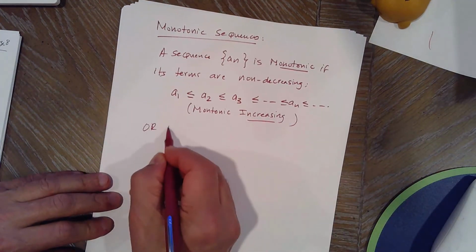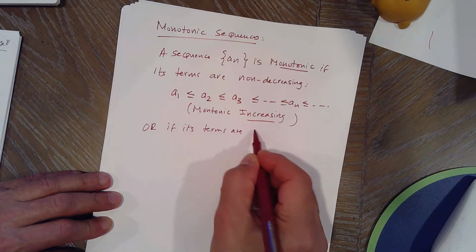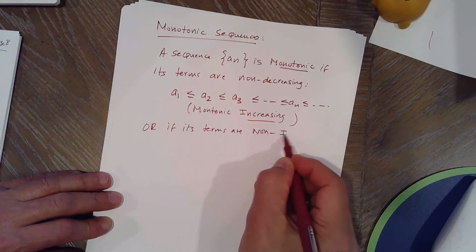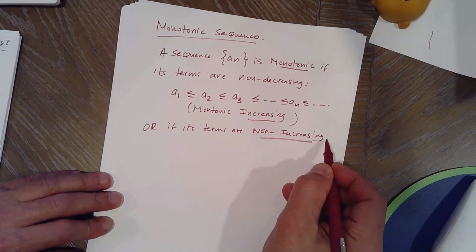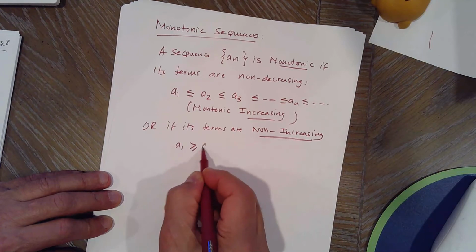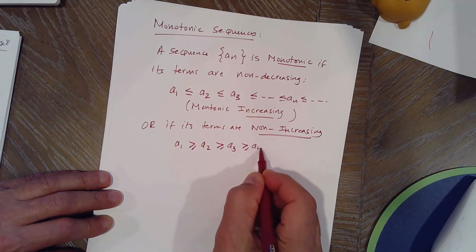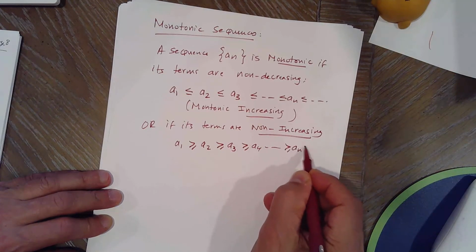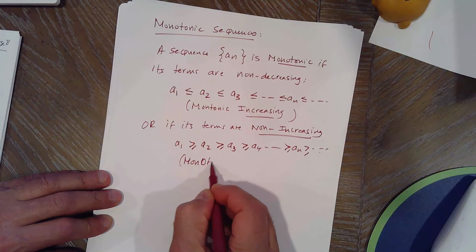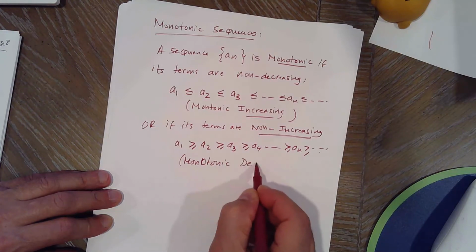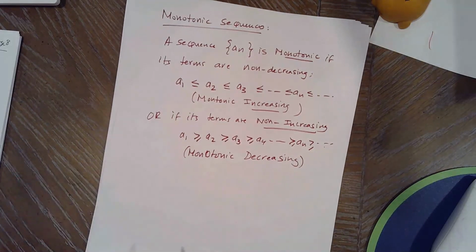Or if its terms are non-increasing, which means decreasing or staying the same, that means a_1 is greater than or equal to a_2, is greater than or equal to a_3, is greater than or equal to a_4. In this case, we say monotonic decreasing. As we go from left to right, they're getting smaller.